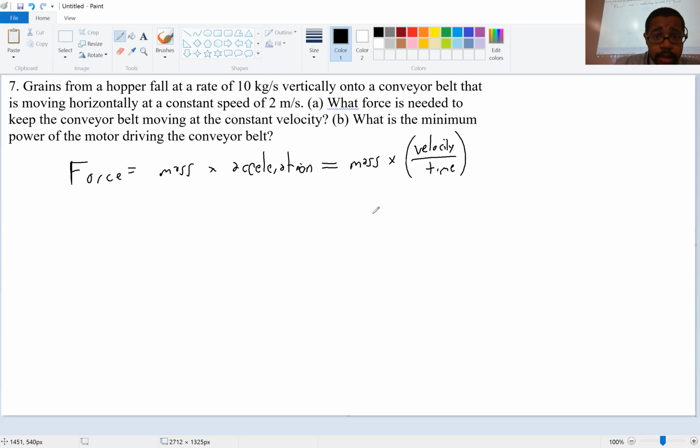And then let's see. So we've got a constant speed. Okay, that's good. All right, so we got 10 kilograms. So I don't know, let's just plug in things and see what happens.